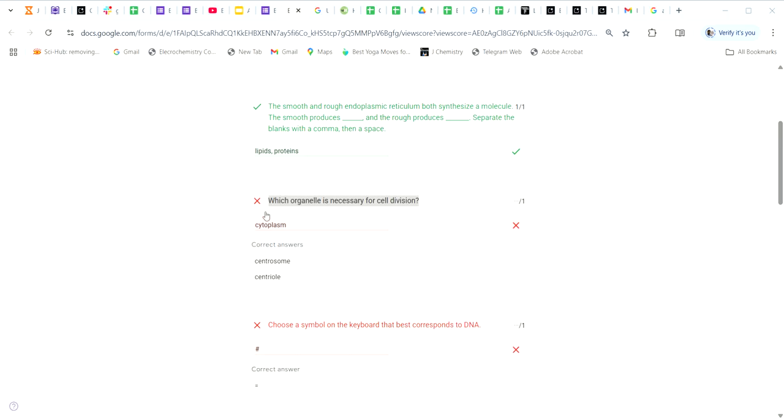Centrioles are cylindrical structures that organize microtubules, which are critical for forming the spindle fibers that separate chromosomes during mitosis. While plant cells lack centrioles, they achieve a similar function through other structures like the cell plate.